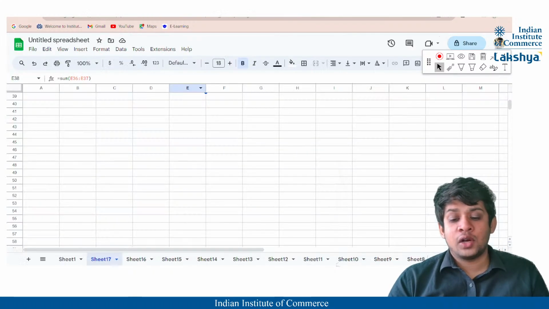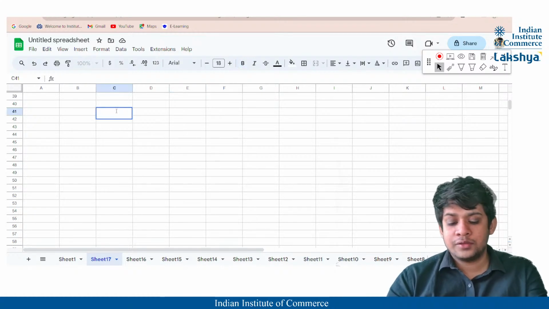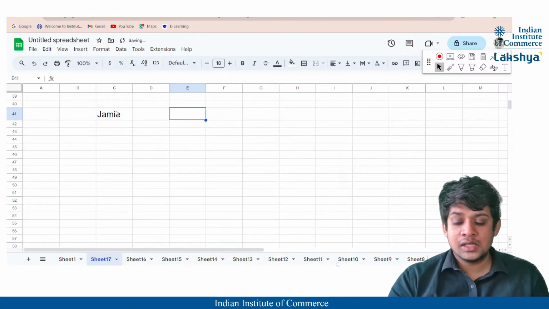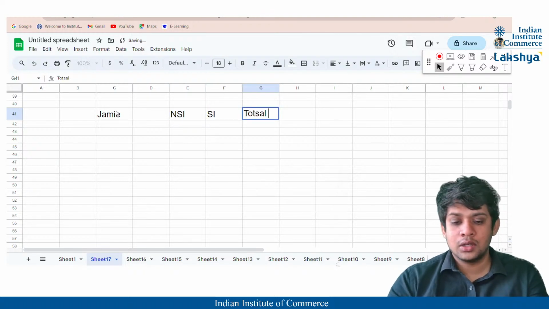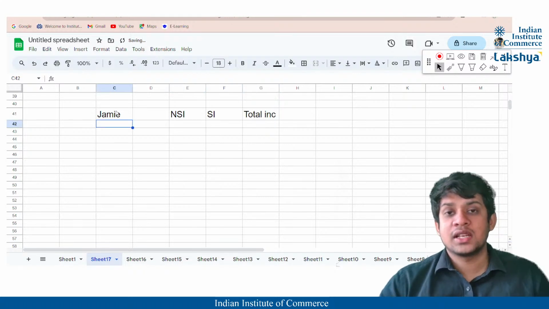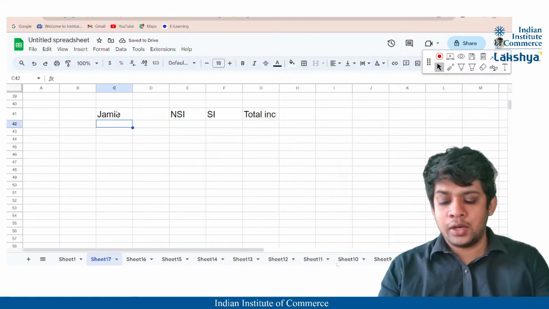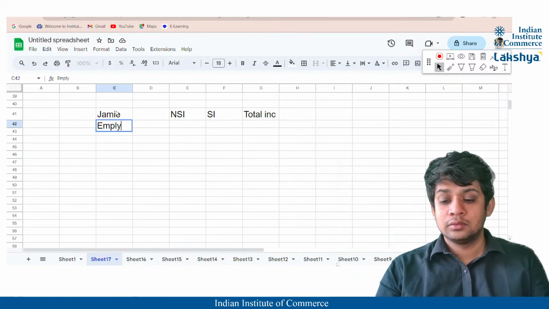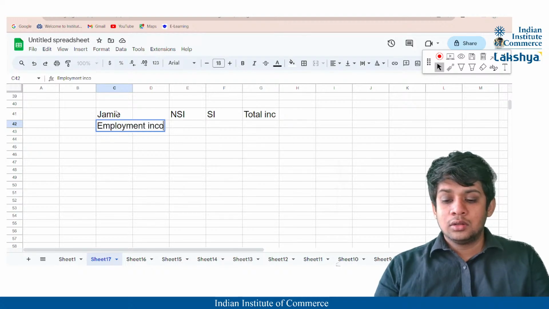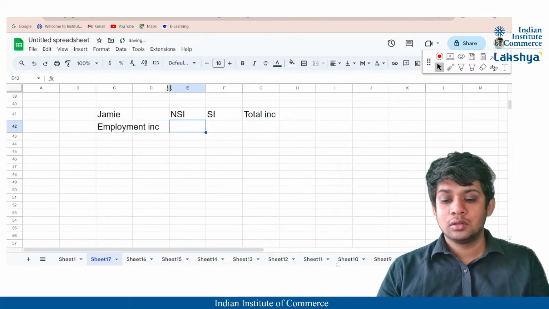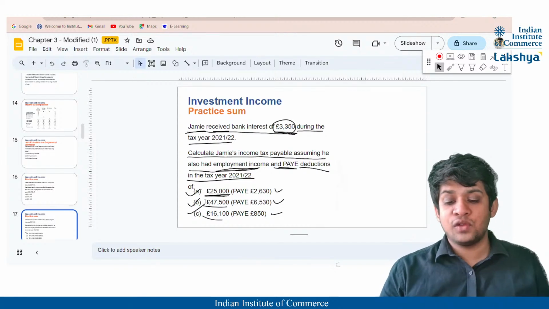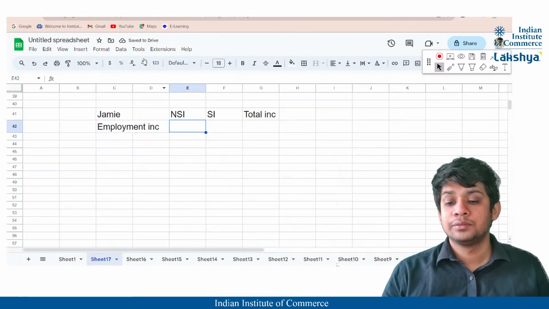Let us move to the second one, 47,500 for Jamie. There is his non-savings income, there is his savings income, and the total income, right? So first, guys, what will be considered? His employment income, that is there. His employment income is how much? 47,500 pounds.